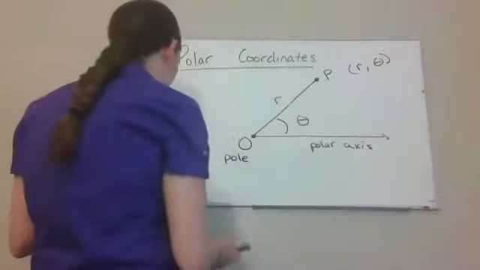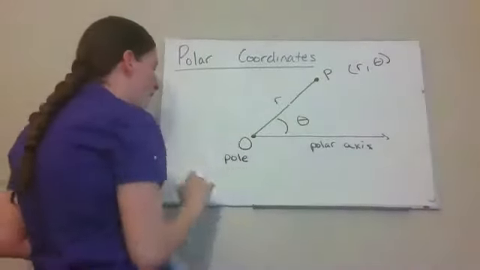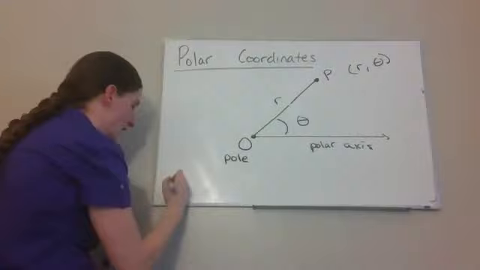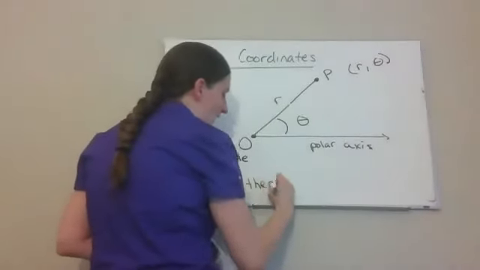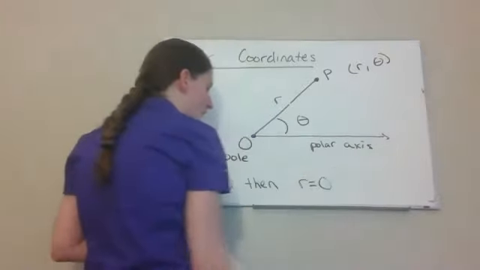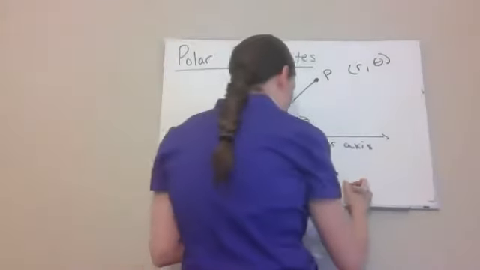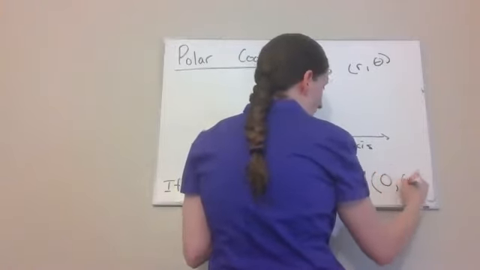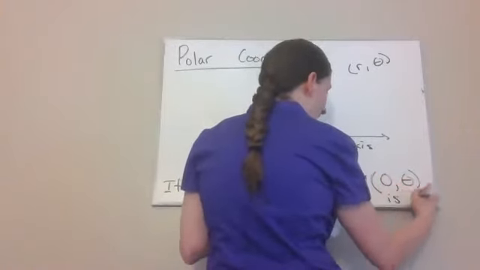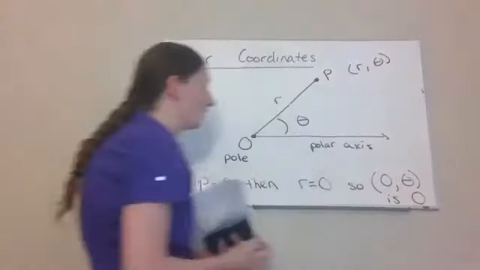So we all agree that if P and O are the same point, then r is going to be equal to 0. And so we agree that the point (0, theta) is my point O for any value of theta.